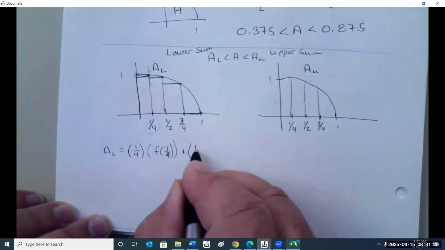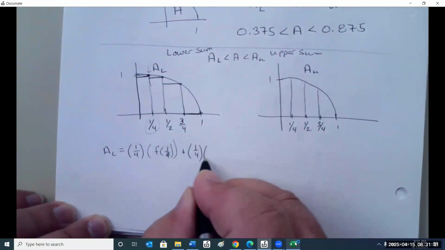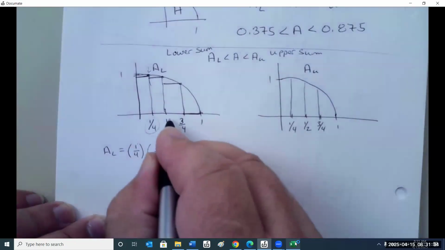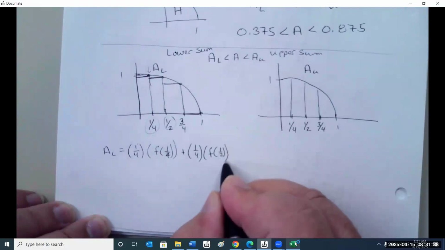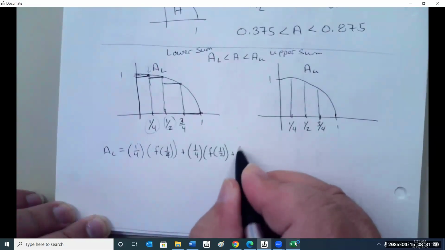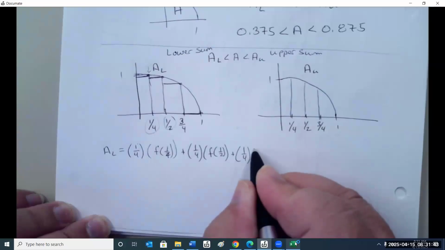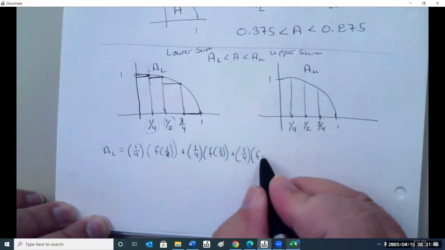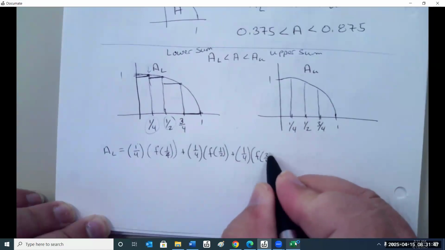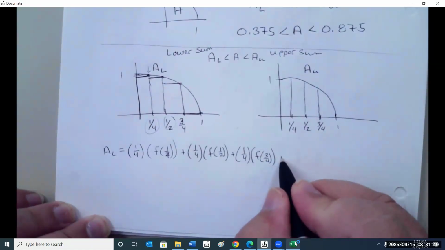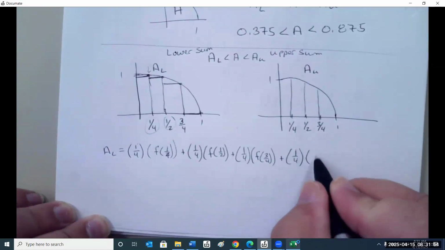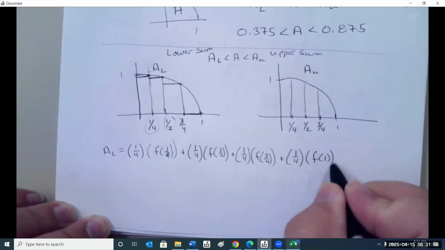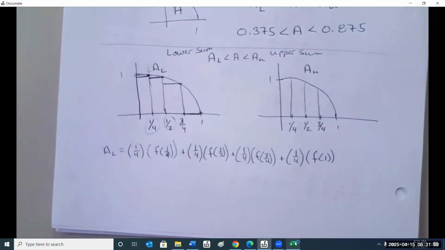Then the next one is 1/4 base, and the f function is at 1/2 because I'm going to take this height. Then 1/4 times f of 3/4. And then 1/4 f of 1, because you notice I'm taking it on the right-hand side.